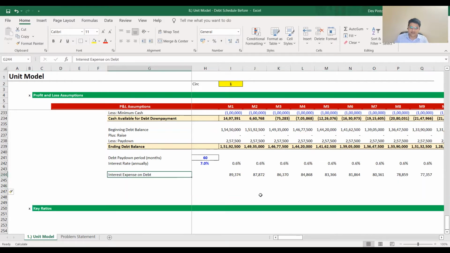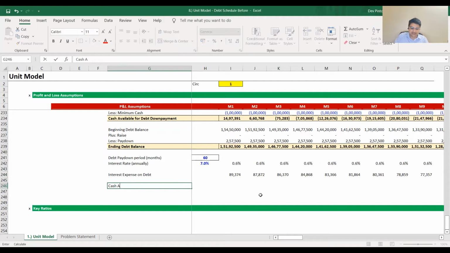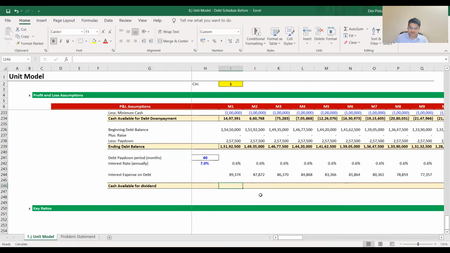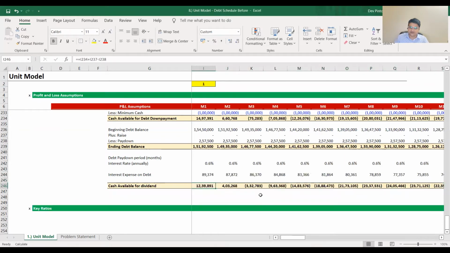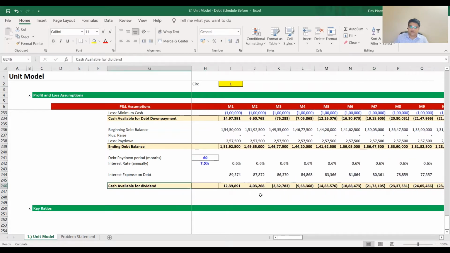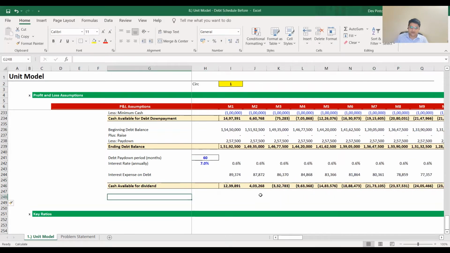So once this is done, what is the cash available for dividend? It will be nothing but cash available for debt down payment plus any debt raise minus any debt pay down, right? Now say we don't pay any dividend during the course of this 5-year model.